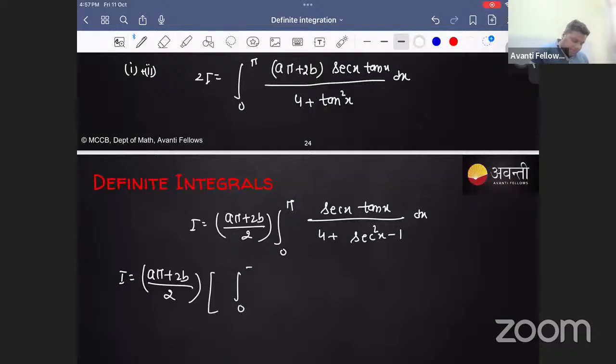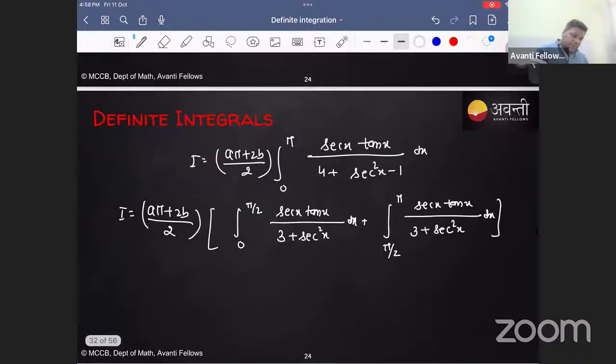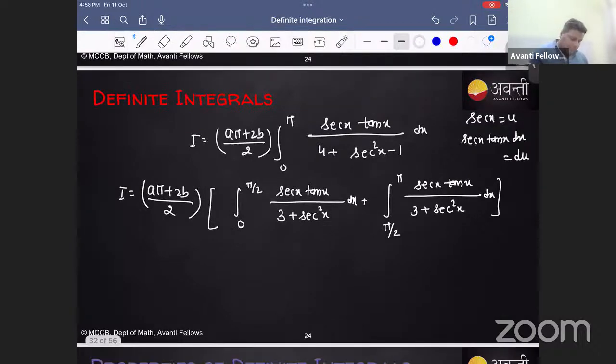Break this integration from 0 to pi by 2, sec x tan x upon 3 plus secant square x dx, plus pi by 2 to pi, sec x tan x upon 3 plus secant square x dx. Now, if sec x is u, then sec x tan x dx is du. So a pi plus 2b upon 2.